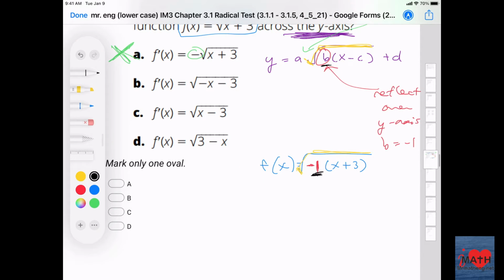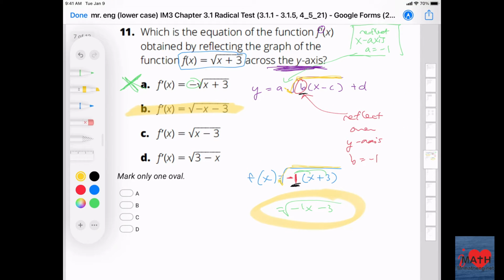Now, none of my options have this, so what do you think we're going to do? We're going to distribute that negative sign. Negative 1x minus 3. And does that match any of our choices? That would be choice B. So the answer for number 11 is B.